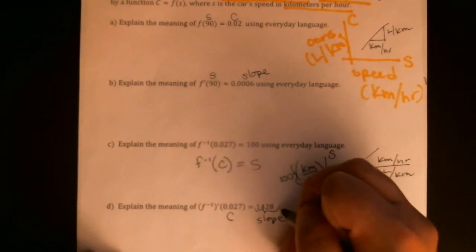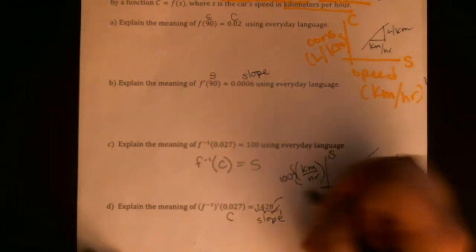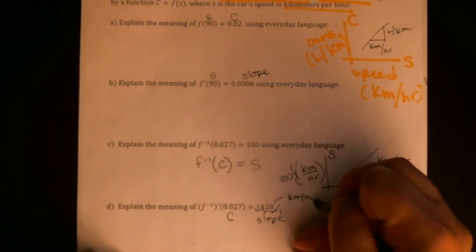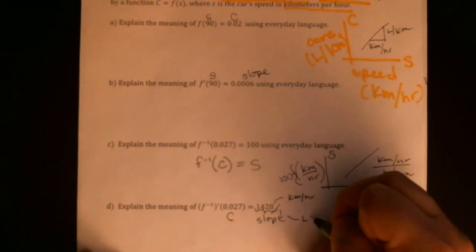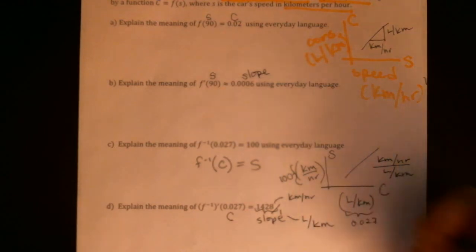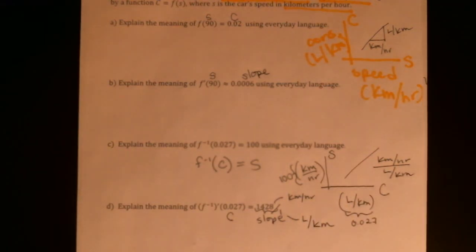So if you make this over 1, this is the kilometers per hour, and this is the liters per kilometer. So let me think, what would the other way to say that be? To increase your fuel consumption from 0.027 liters per kilometer to 1.027 liters per kilometer, you'd have to increase your speed by 1,428 kilometers per hour.